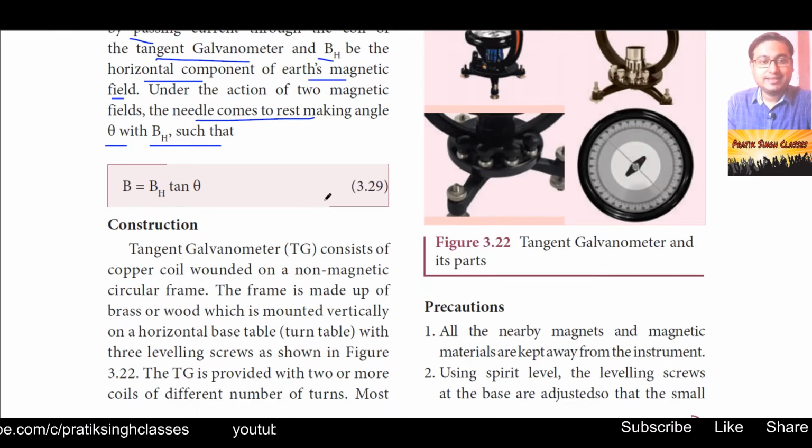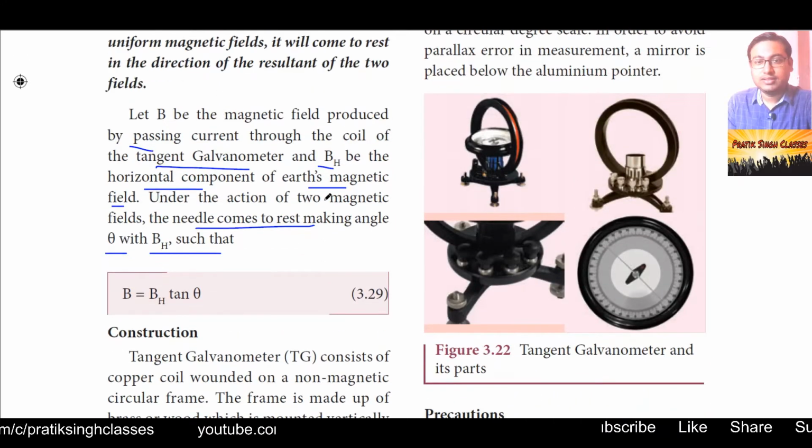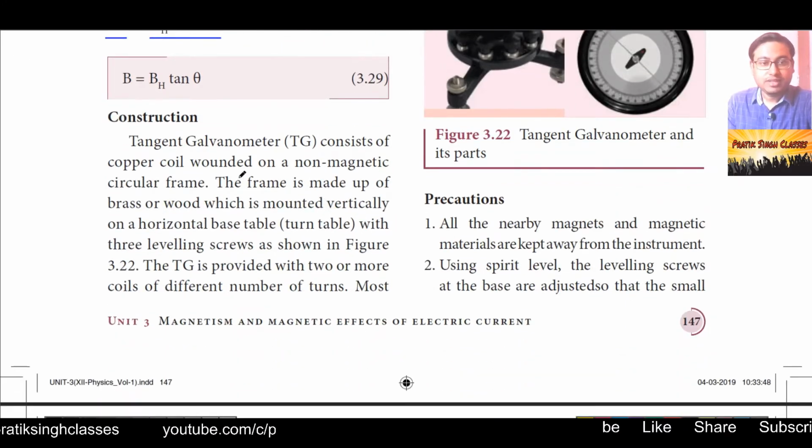Now let us see the construction of this galvanometer. Tangent galvanometer, in short we write it capital T capital G, TG, and from now onwards we will always say only TG, not the full form. A tangent galvanometer TG consists of copper coil wound on a non-magnetic circular frame.